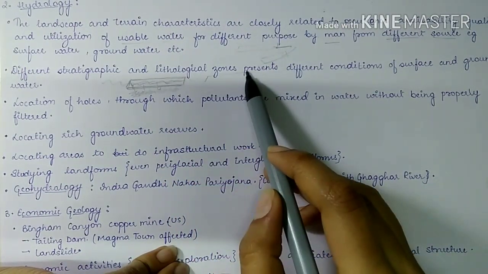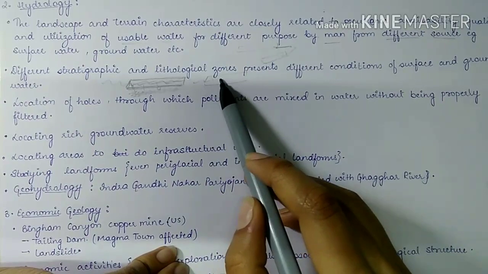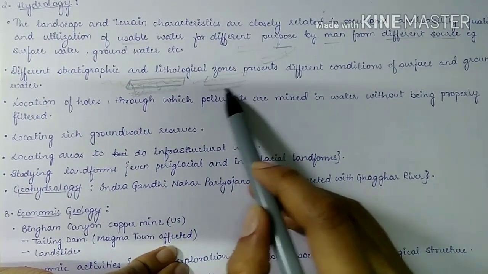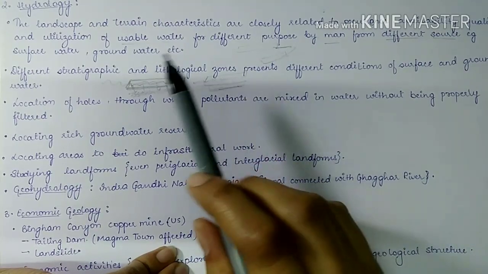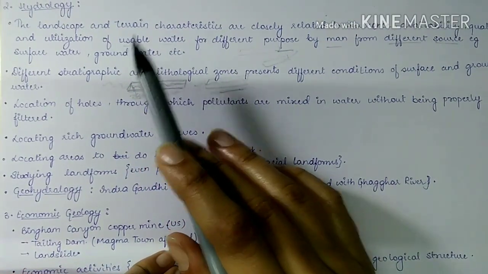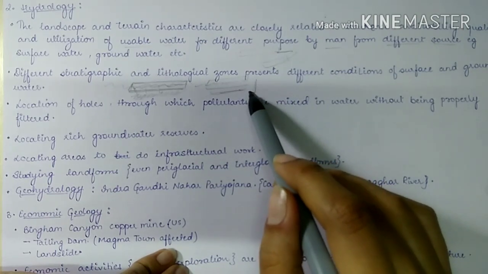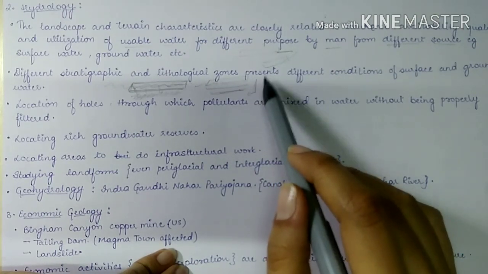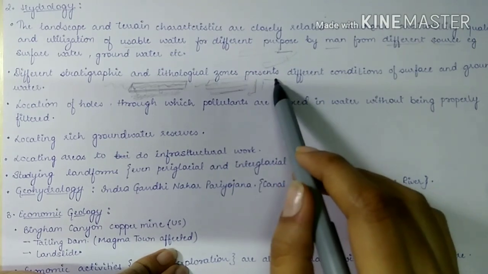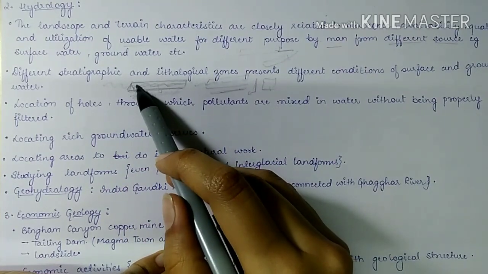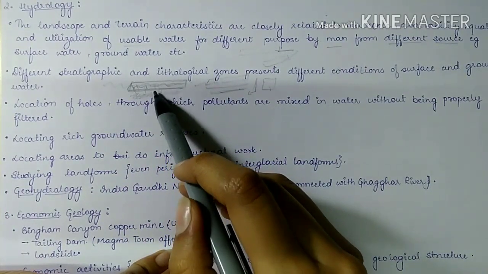But if the rock is non-porous, then we will have all the water of the river on the surface, and the groundwater table would be low. Such things are also affected by the geomorphological conditions of the area, and these are studied in applied geomorphology.